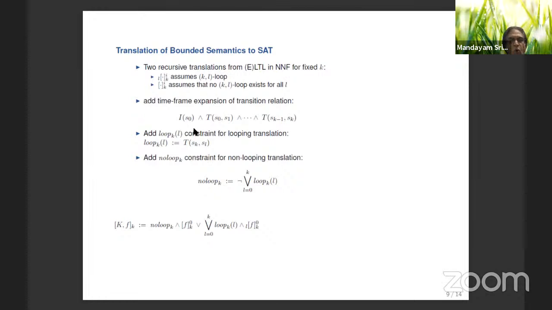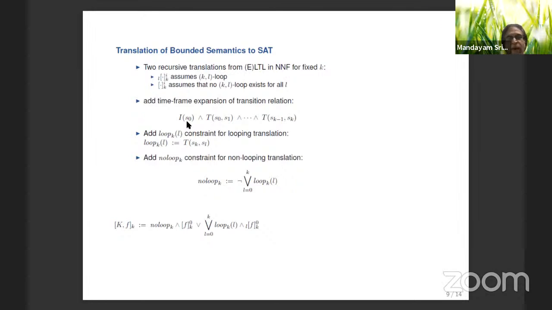So the overall BMC formula for any given Kripke structure K and a property will have mainly two components. One is the path component, that S0 to SK is a legal path originating from S0.